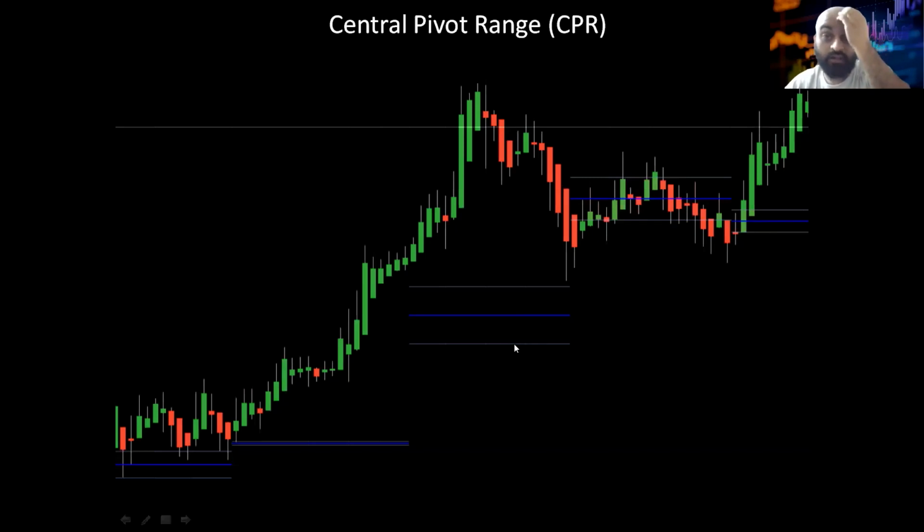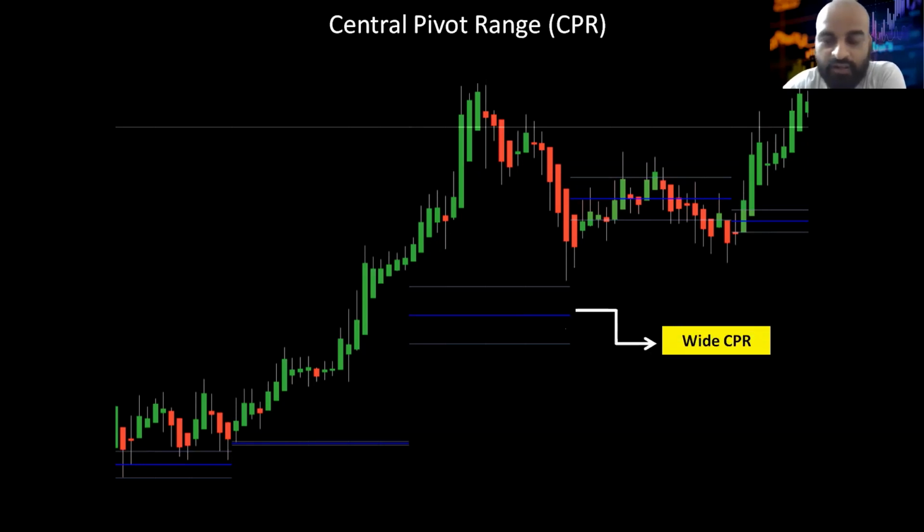And coming to the second indicator we are using today, which is the central pivot. The Heikin-Ashi candle is one, plus we are using the CPR as the other indicator for our strategy. CPR, as most of us know, is the central pivot range. In layman's terms, it is the support and resistance of a particular price action.